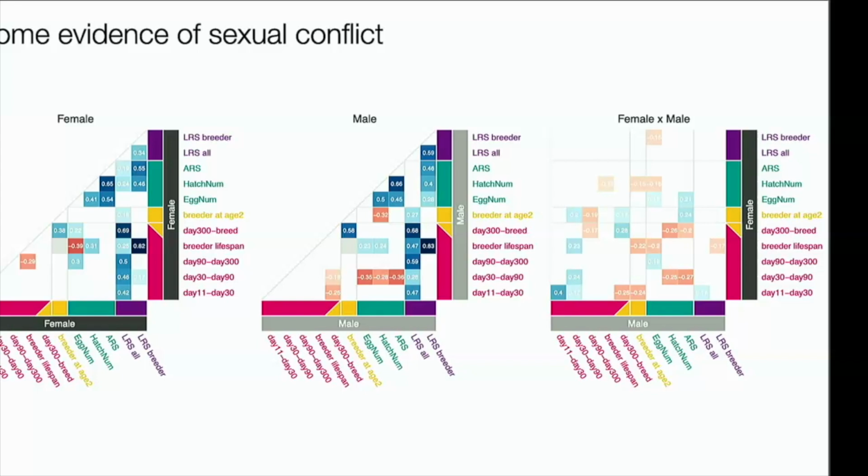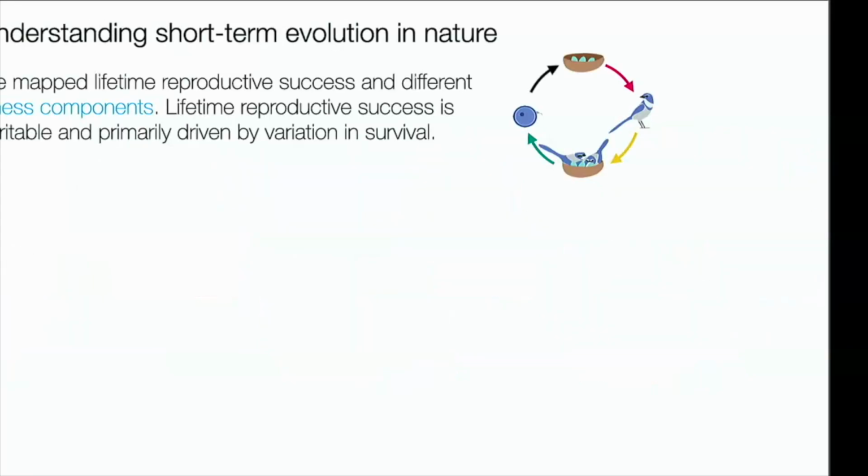This is a project that we're just wrapping up, so I've been trying to mull through the results a lot. But we did this really careful mapping of lifetime reproductive success as well as these different fitness components, and it was fun to find that lifetime reproductive success is heritable and primarily driven by variation in survival.